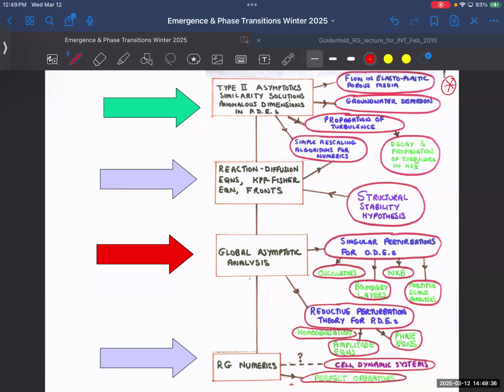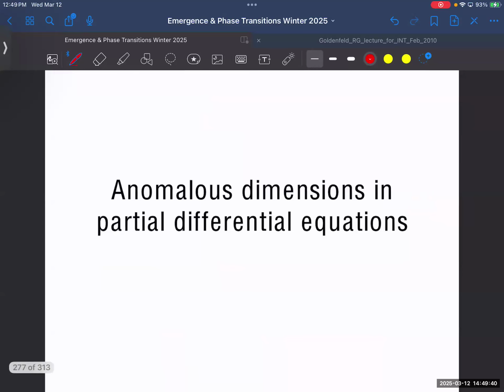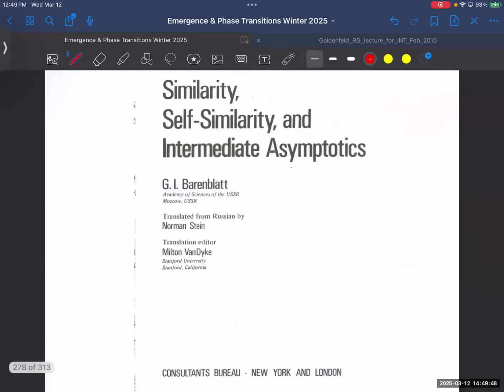I'm going to show you mathematically how one can use a renormalization group in differential equations, and to see that you can get anomalous scaling laws that violate dimensional analysis and mean field theory. This work had its foundation in this book by a Russian applied mathematician, Grisha Barenblatt.